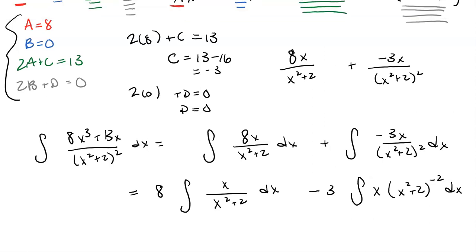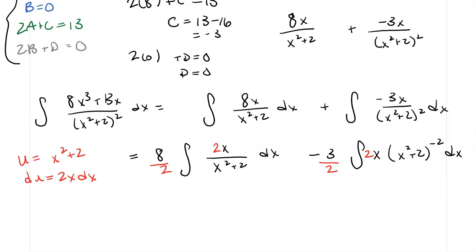Now in both of these integrals, our u will be x squared plus 2. So du will be 2x dx. In both cases, I have the x I need, I just don't have the 2. I'm going to have to multiply on the outside by 1/2 to account for that. So this integral is 4 times the integral of u prime over u dx.